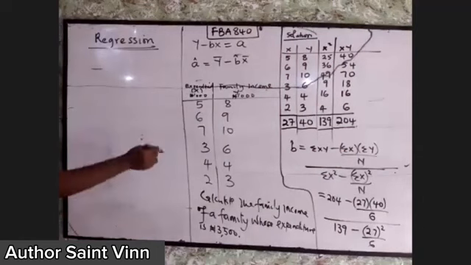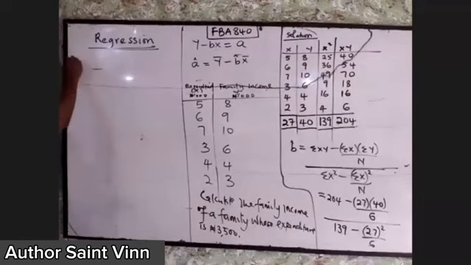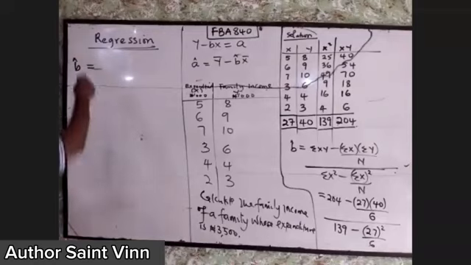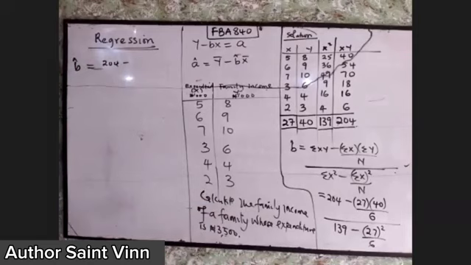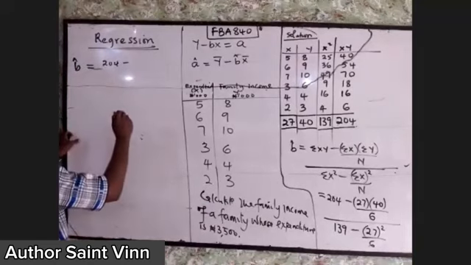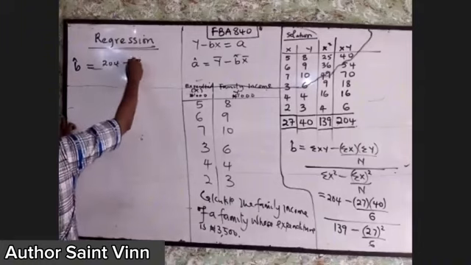Now, our result, the estimate of B. We have 204. What's the result of that? 27 times 40 divided by 6. Okay, you have divided it.